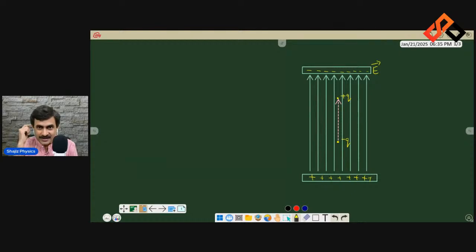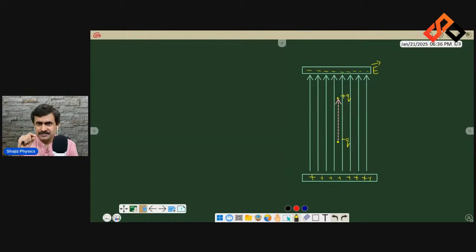In the case of electric field, we draw the electric field line starting from a positive plate or positive charge and ending on a negative charge. That is the character of an electric field line. And an electric field line is defined like that also.